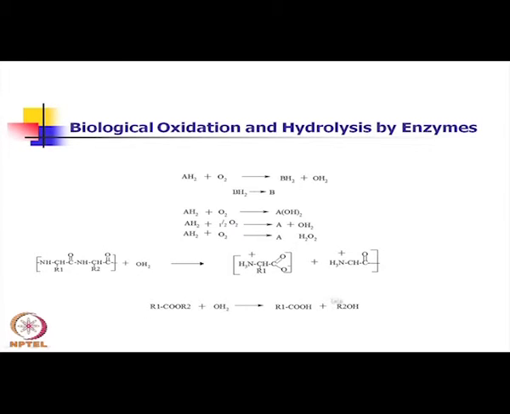So, this degradation of polyesters by the action of enzymes is basically an enzymatic oxidation process that produces fragments containing acid and alcohol groups. So, the products will become acidic in nature.